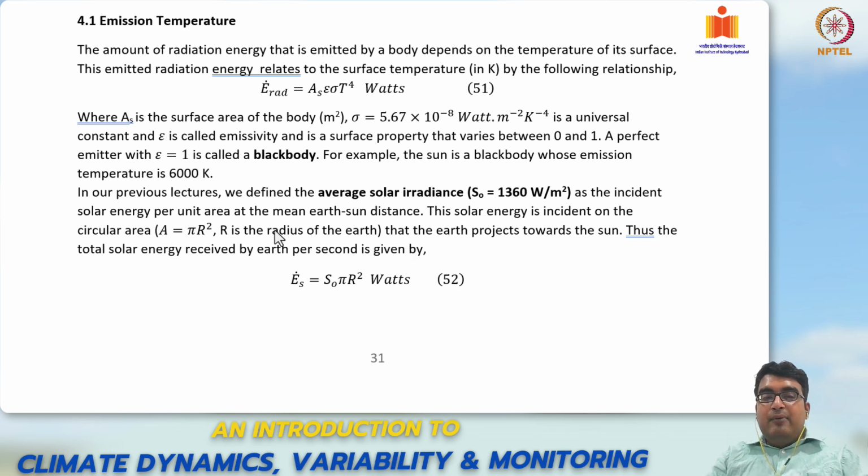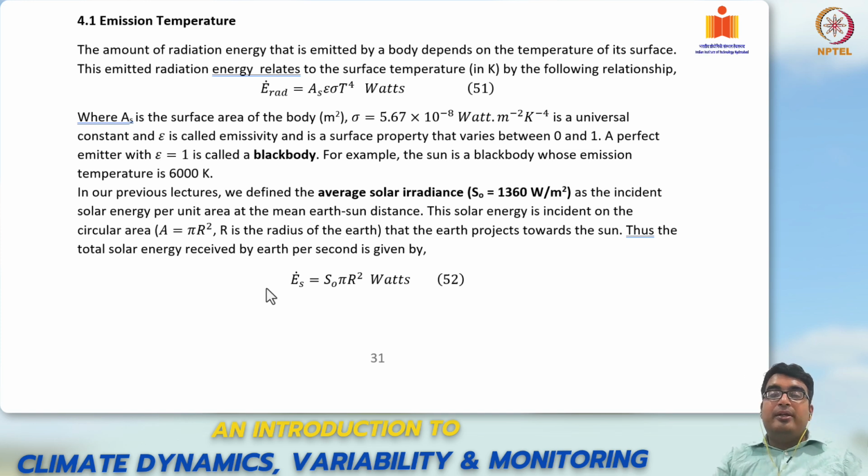Now, in our previous lectures, we defined the average solar irradiance, which is the radiation flux at the point where it is hitting the Earth, to be around 1360 watt per meter square. Now, this solar energy is incident on a circular disk area which is being projected by the Earth towards the Sun, which is equal to pi r square, where r is the radius of the Earth.